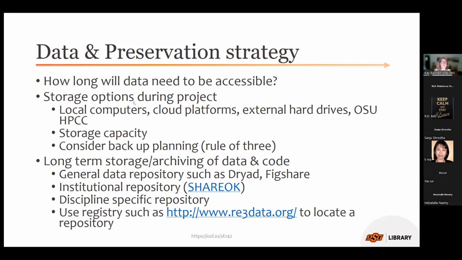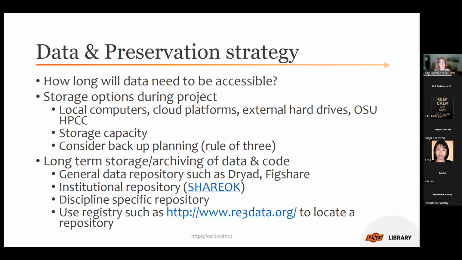Okay, storage options during the project. Again, we talked about this at some length yesterday, but everything from local computers, cloud platforms, and so on will probably play a role throughout the project. And depending on the size of the data that you're collecting, who your collaborators are, and so on, that will impact which of those you choose, how much capacity you need.